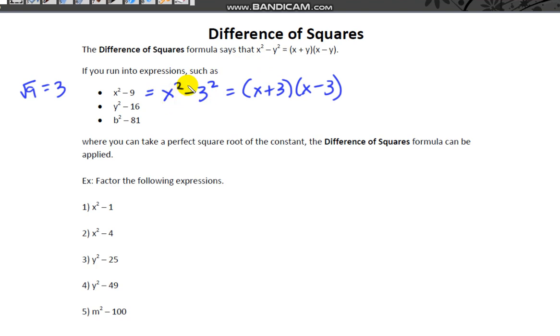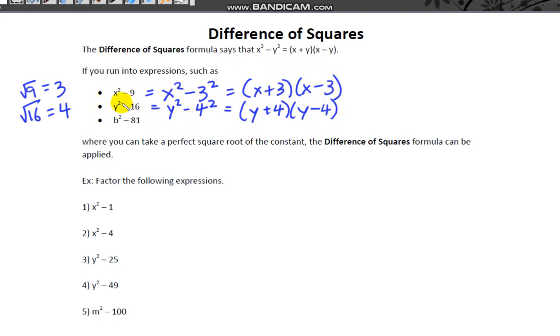Okay? Y squared minus 16, square root of 16. Hopefully you guys remember what the square root of 16 is, and that's 4. So this is y squared minus 4 squared. So this would be y plus 4 times y minus 4.